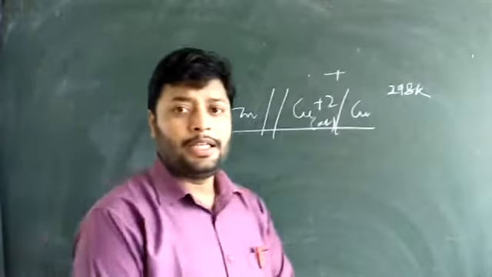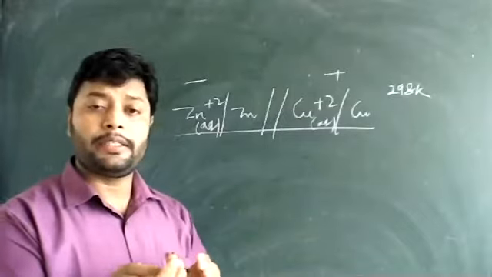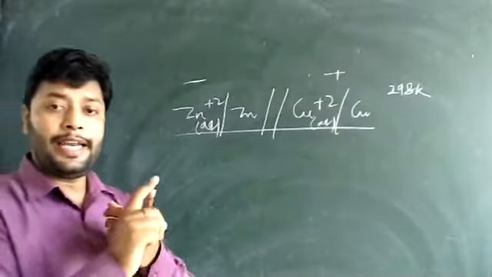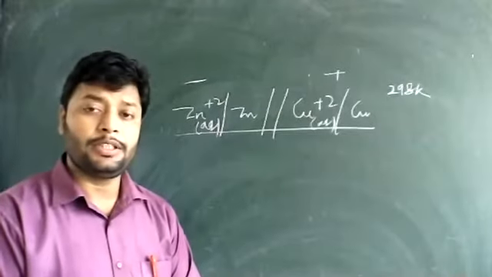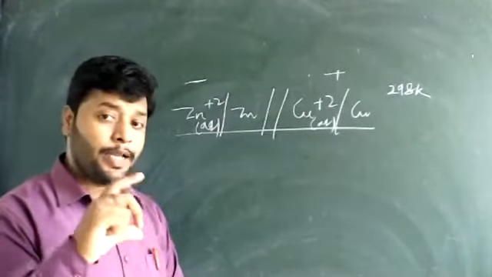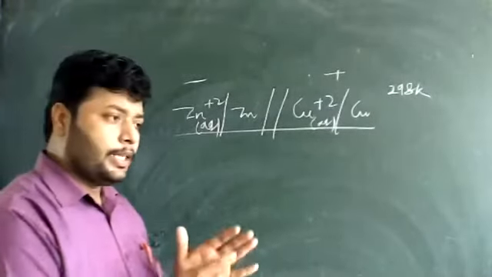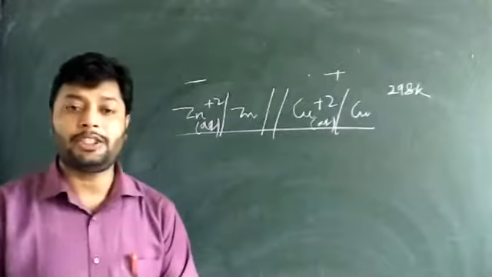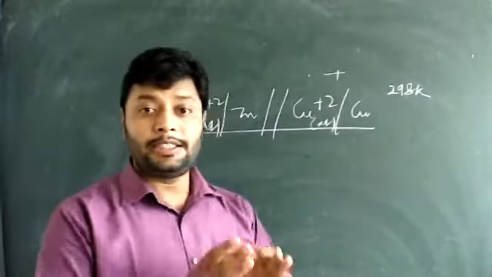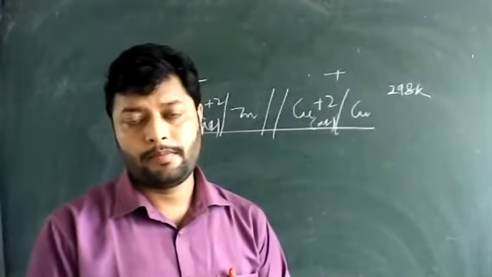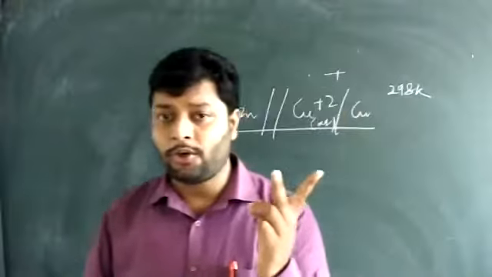One important thing: whenever we are going to represent the electrode potentials in different numericals or concepts, we always have to represent them in terms of reduction potential. Actually, reduction potential is taken as the standard condition, because we are having two different electrodes.